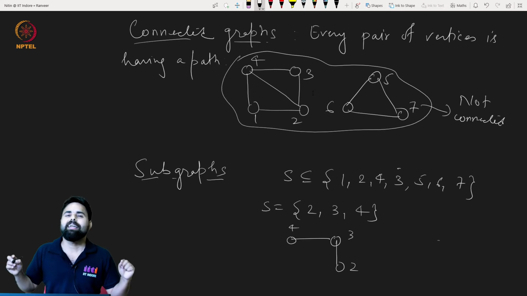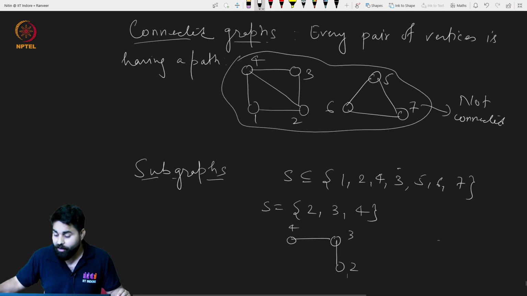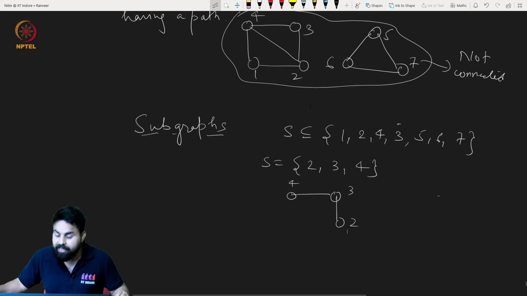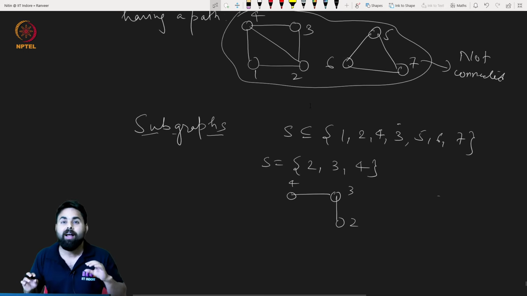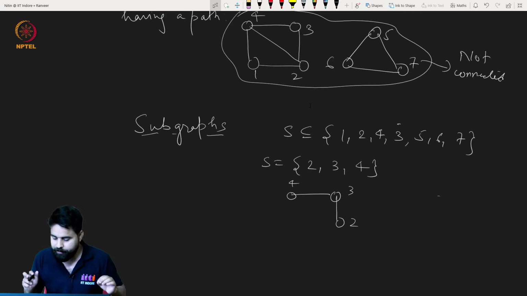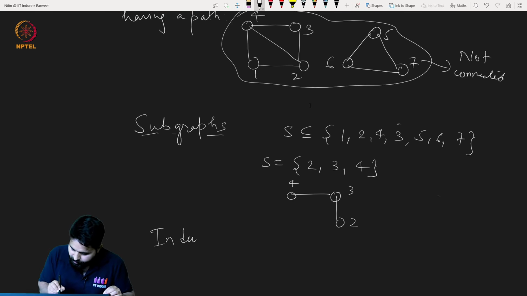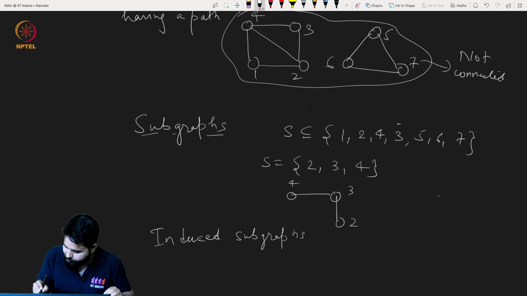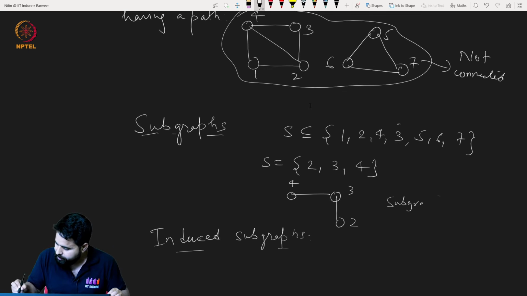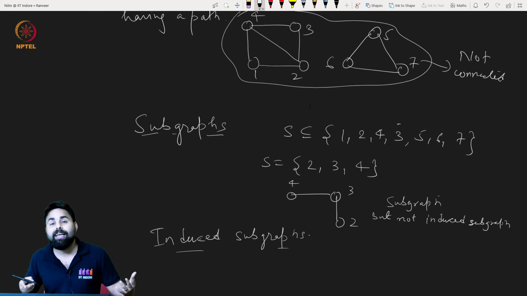Now there is a very interesting and useful concept of subgraph that we call an induced subgraph. In an induced subgraph, you have to take all the edges whose endpoints are in the chosen subset. So this is a subgraph, but not an induced subgraph, because 2, 4 is not there.